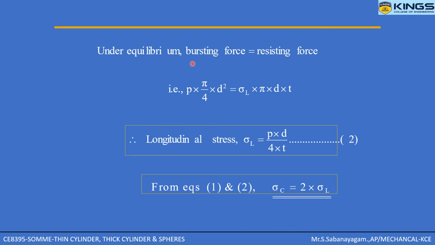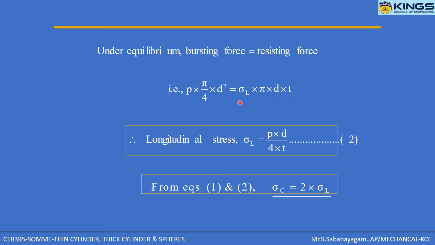Under equilibrium, the bursting force will be equal to the resisting force. Hence, P into pi by 4 d square, that is internal pressure into the area of the hollow cylinder, is equal to the resisting force offered by the hollow cylinder, sigma L into pi into d into t.